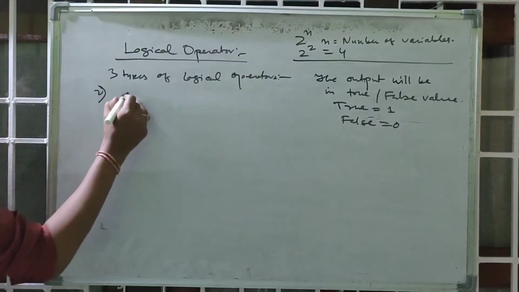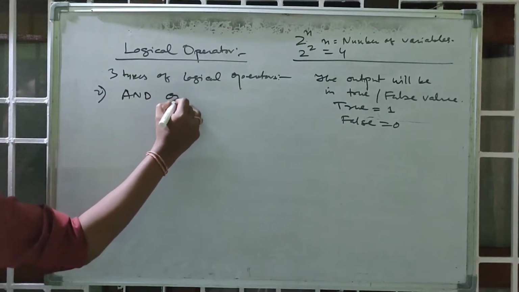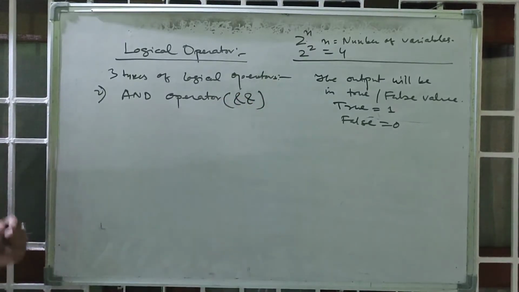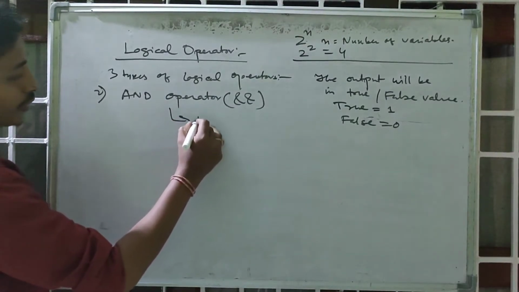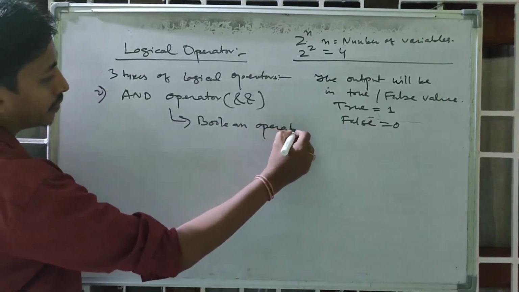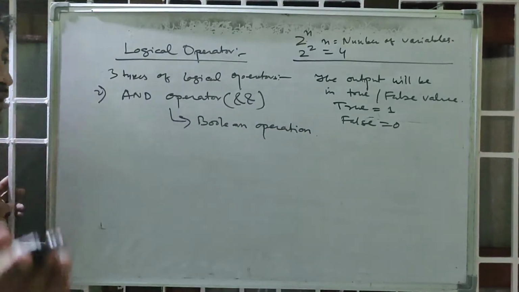Okay, now come to the AND operator. Number 2 operator is the AND operator. Symbol is this one. The AND operator performs Boolean operations, means either true or false.